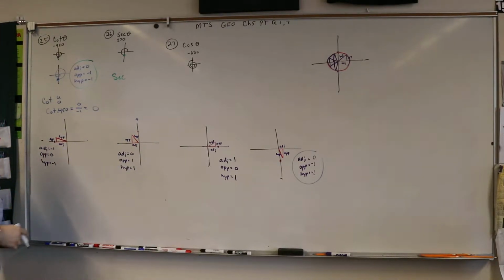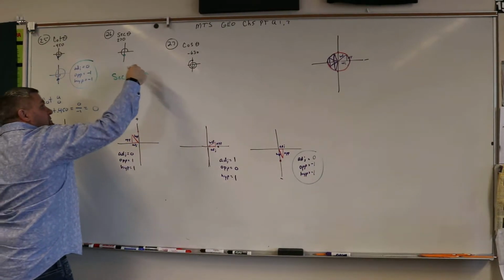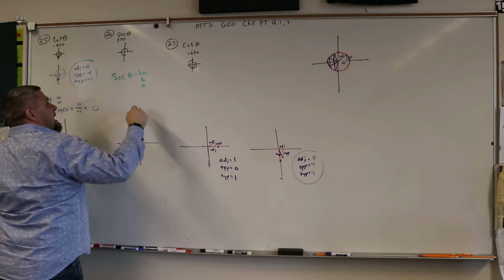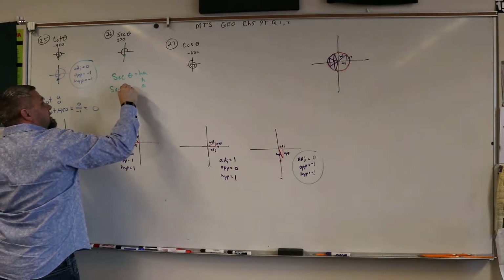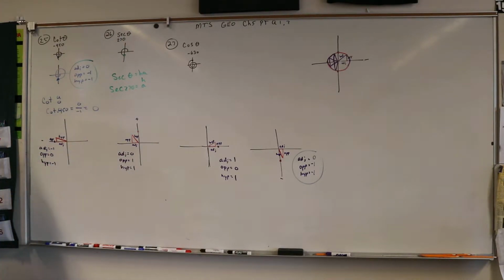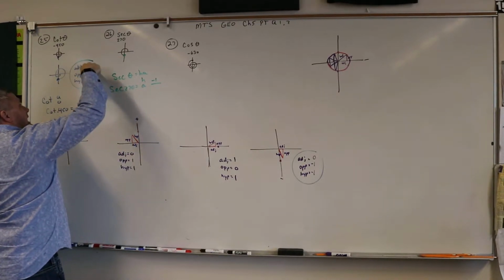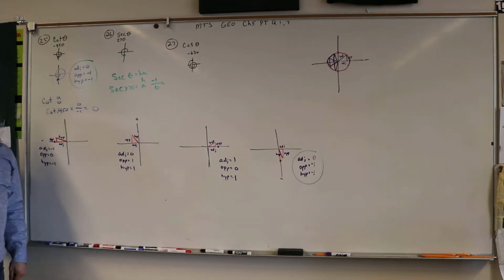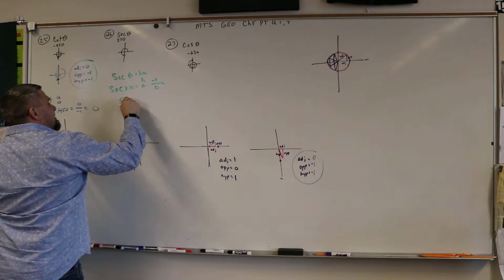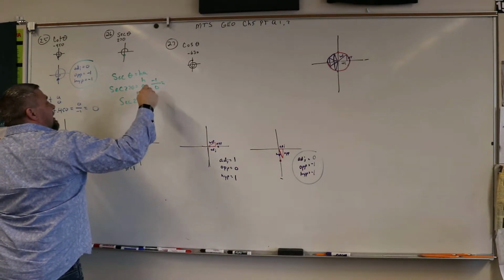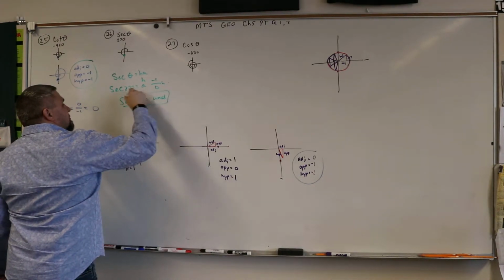C can't be a ho, so she's a ha, so that means H over A. So the secant of 270 is H, which is -1, over A, which is 0. But you can't have 0 in the bottom, so it's undefined. In this case, the secant of 270 is undefined.